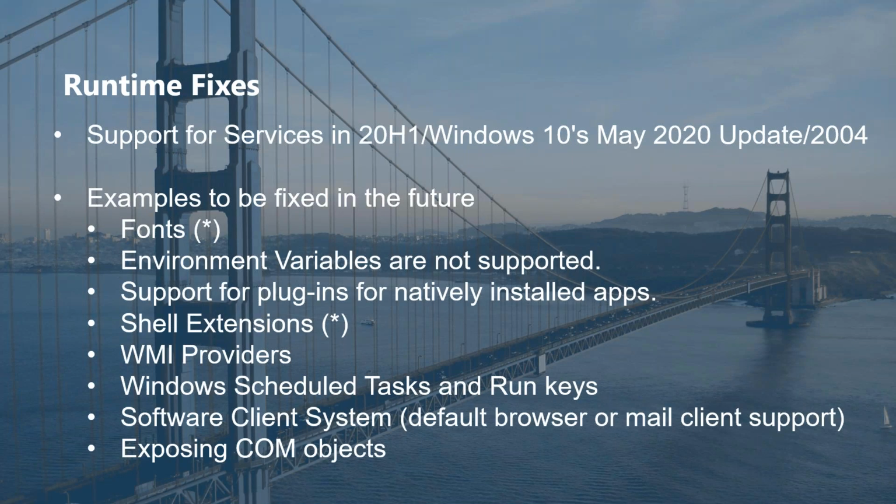And that's what I meant with this slide. Certain fixes have to be implemented in Windows 10. One of the things Microsoft did is add support for services in 2004 and up. That's just one example of fixes implemented by Microsoft in Windows 10.